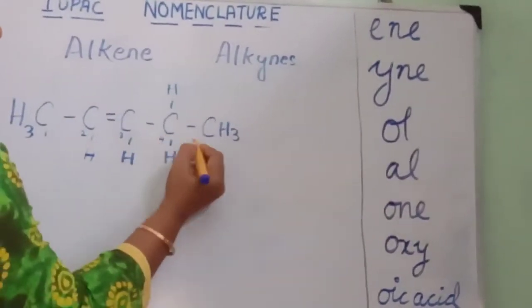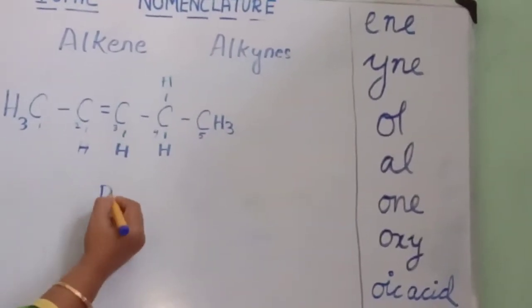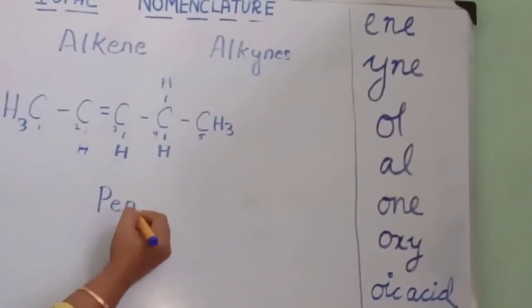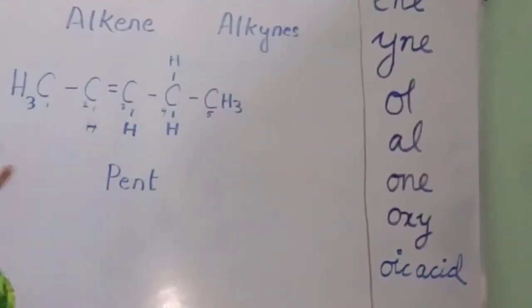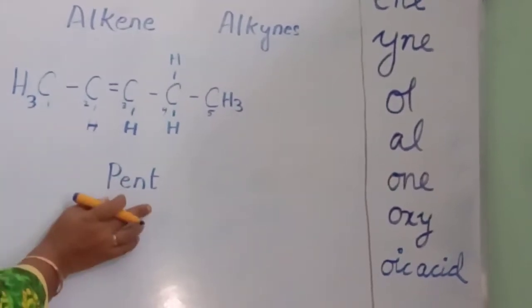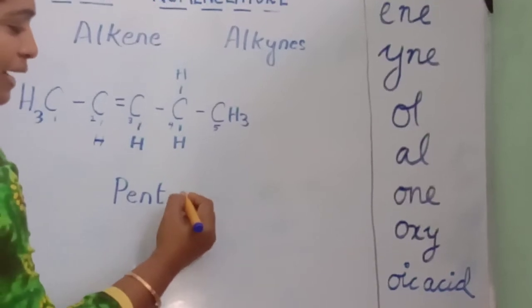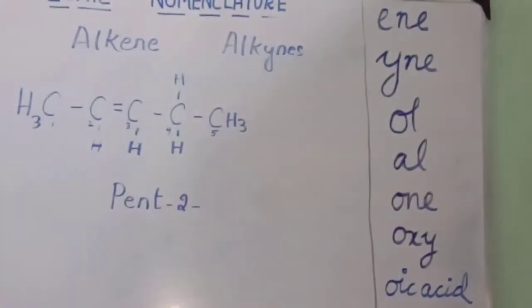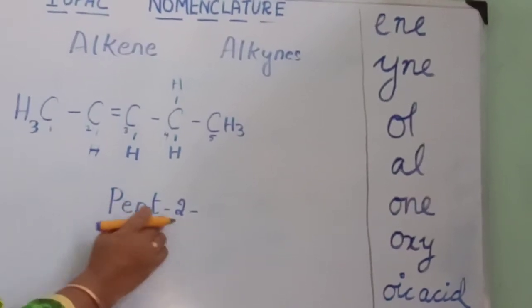Now let us start naming. There are 5 carbons, so the root word is pent. I have not taken any substituent, so there is no prefix here. Now the position is the second position, so pent-2. As I have already said, between the alphabet and the number there will be a hyphen.